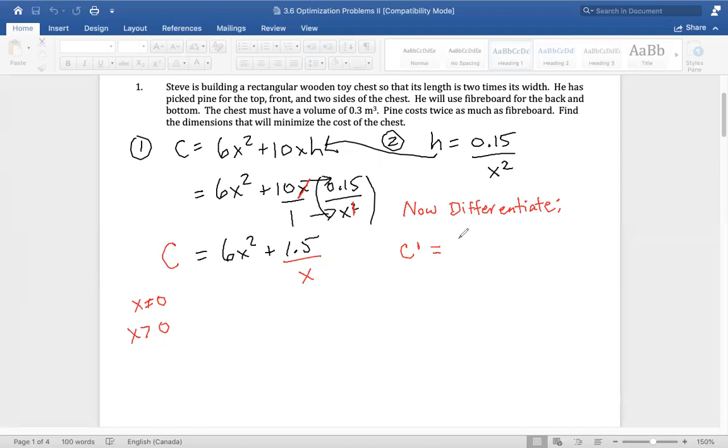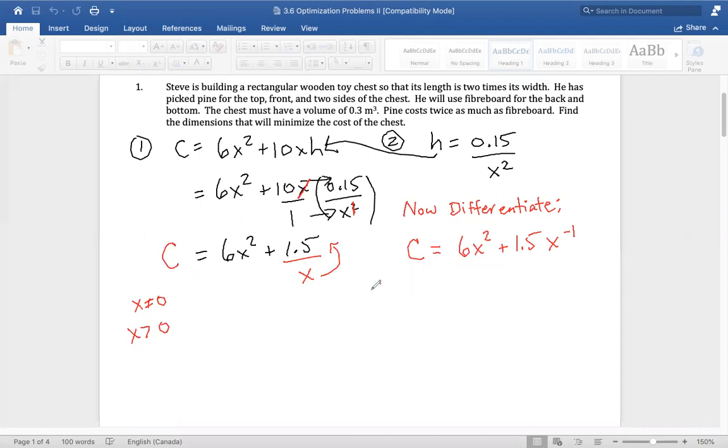So to differentiate here, what might be easier, like we've said previously. So I've got my 6x squared. Actually, I'm just going to write it out, sorry, not as C prime yet, just as C, because I want to rearrange this. So I have my 6x squared plus my 1.5, but if I bring that x up to the top and make it x to the power of -1, that's just, for me, easier to differentiate than using it as a fraction, right?